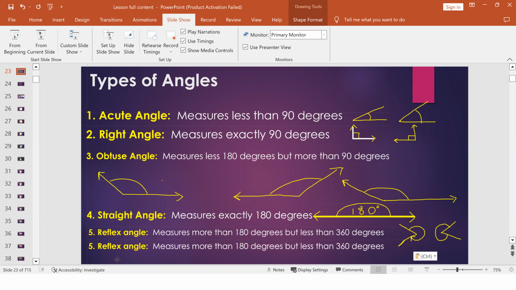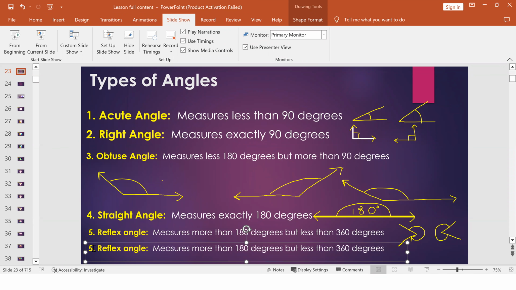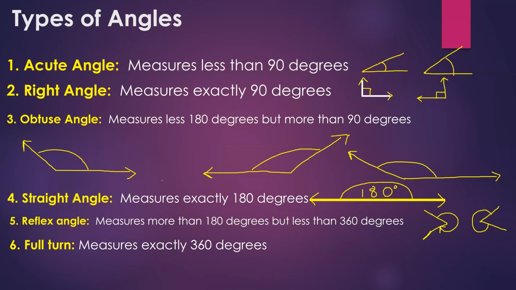Now, what is the measurement of a full turn? Exactly 360 degrees. Very good. So a full turn measures exactly 360 degrees. All right, so write that down for me, please.